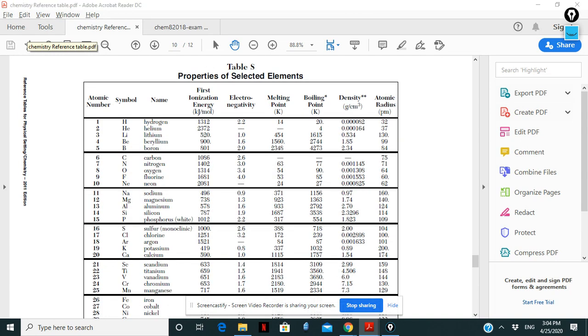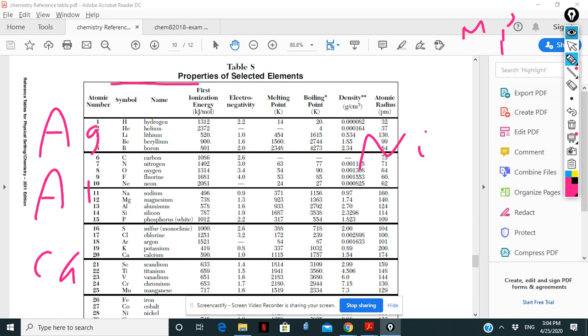So the melting point for aluminum is 933 and the boiling point is 2792. So at 1000 Kelvin, the aluminum is liquid.